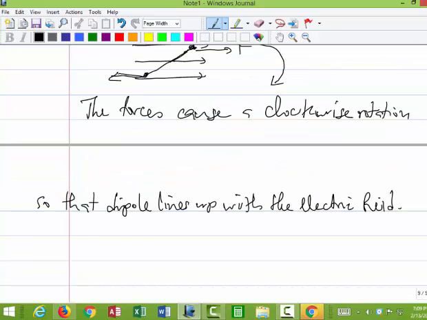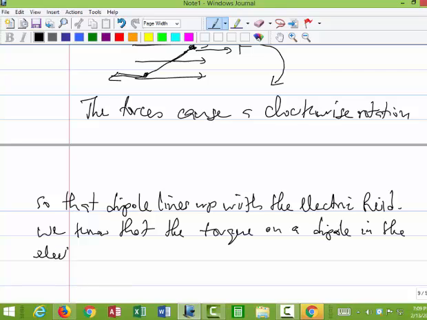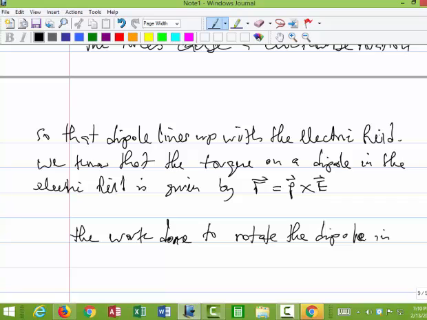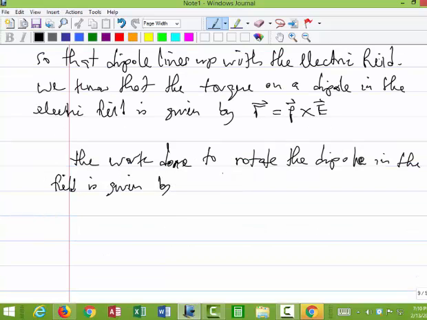And we know that the torque on a dipole in the electric field is given by torque tau equal to dipole moment crossed with the electric field. So we saw this earlier. So we can say that the work done to rotate the dipole in the field is dW equals torque times d theta.